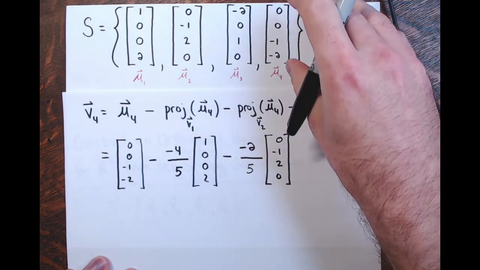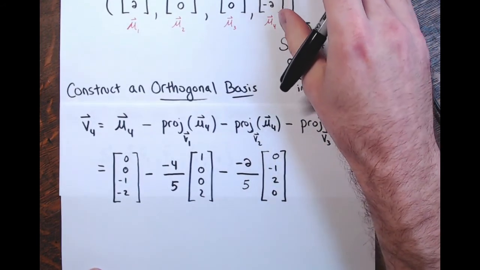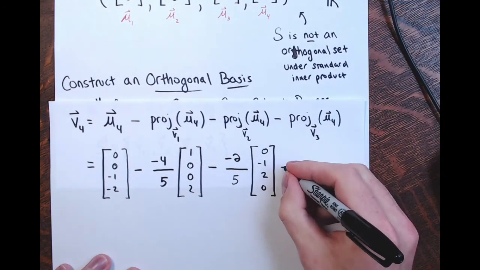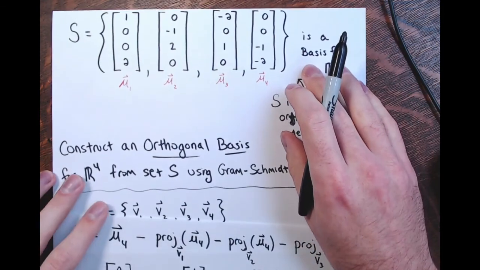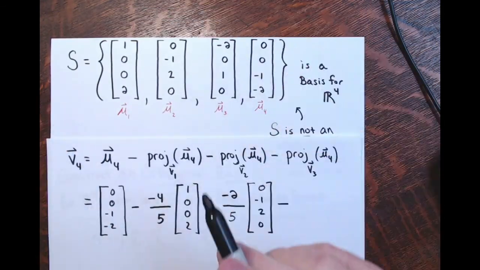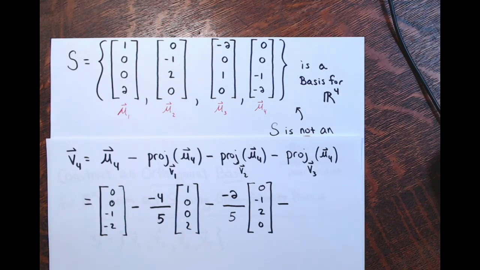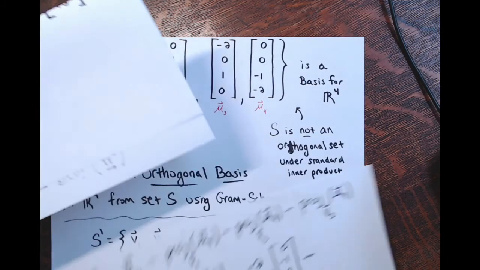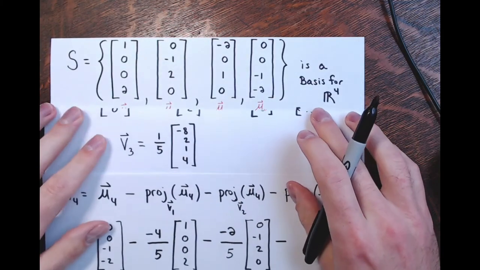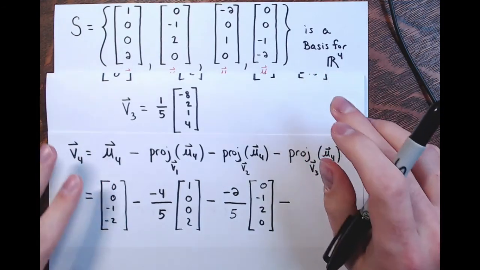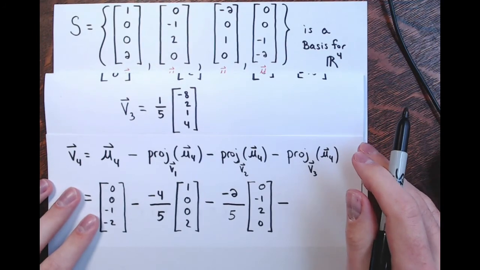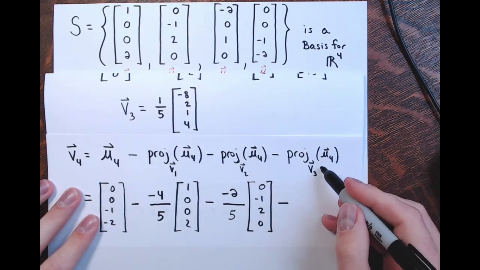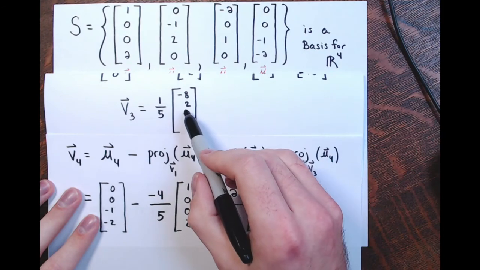All right. Now I need v3, minus the projection of u4, which is this vector here, onto v3. And this was v3 from the last page. So I'm projecting this onto this. Okay, so the numerator is the dot product of u4 and v3.